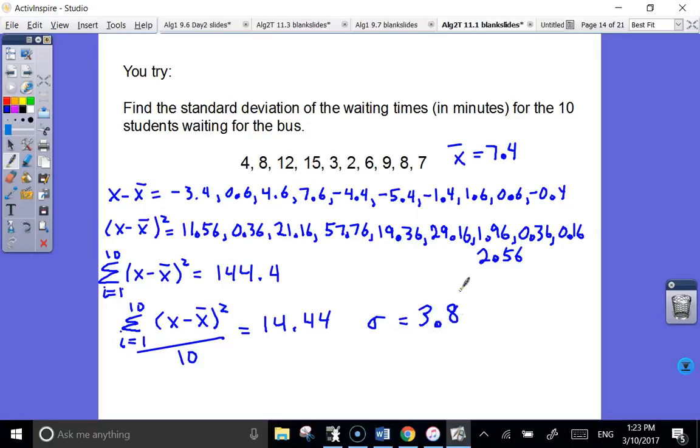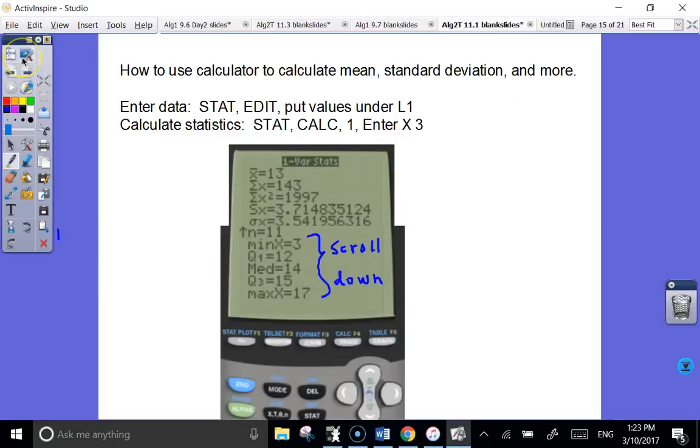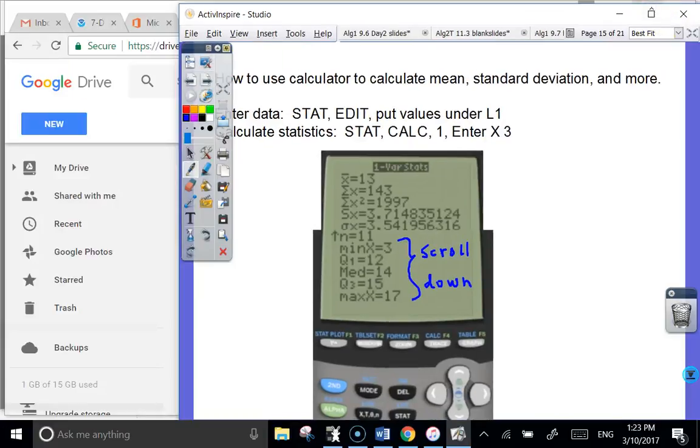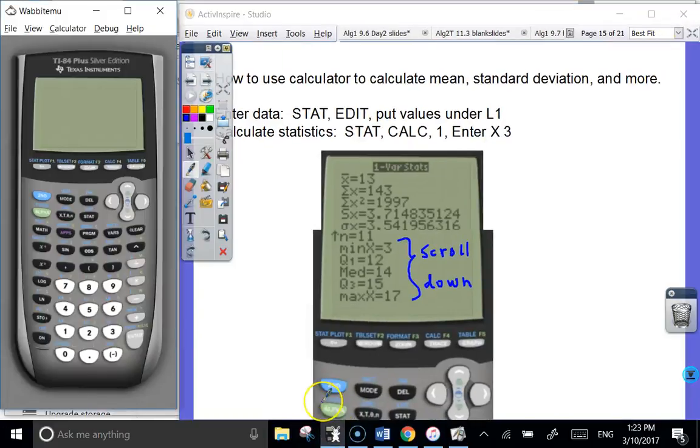Well, the whole point of that is you don't want to have to be doing that by hand, right? You can do this actually with the calculator. So the way you do it is like this. In fact, let's do it with that same old data set that we just used.